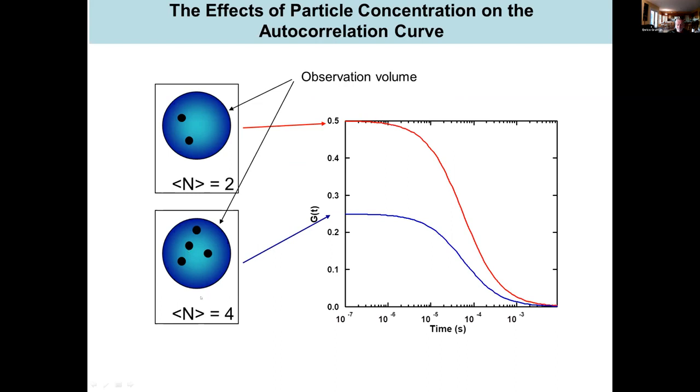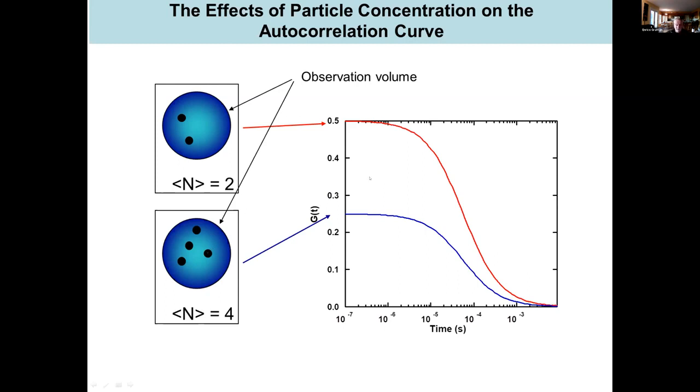But if I have 4 and 1 leaves, the intensity will change by 1/4 of the total. So the more particles I have, the less will be the change in intensity if one particle leaves and one comes in. And the fewer particles I have, the more will happen. Suppose I have 10 particles and one leaves and one comes in, it will be 1 part per 10. If I have 100 particles, it will be 1 part per 100. If I have 10,000 particles, it will be 1 part per 10,000.